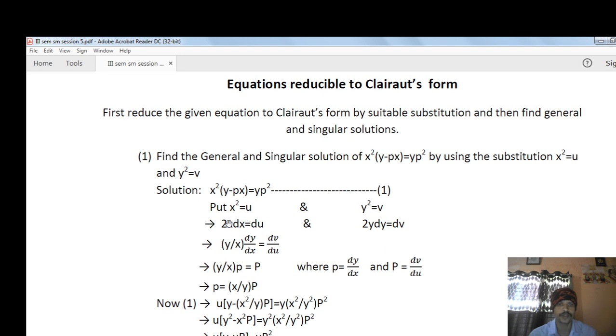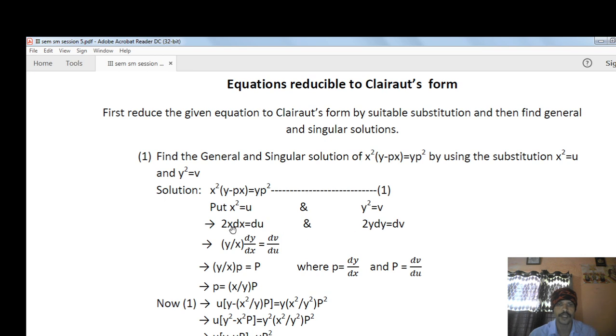Differentiate both sides. 2x into dx is equal to du, 2y into dy is equal to dv. But I have to convert the derivative dy by dx to some other derivative containing v and u. For this, divide this term by this term.